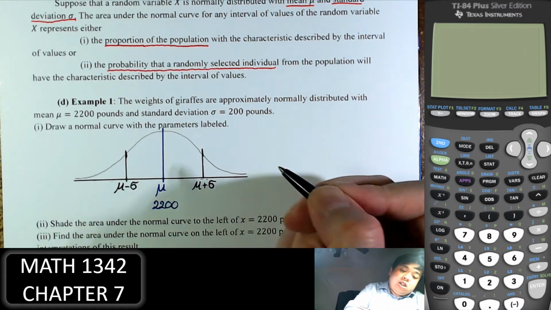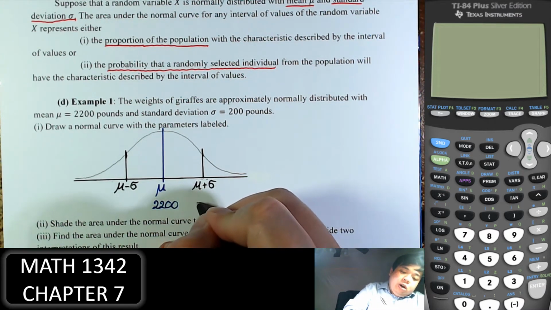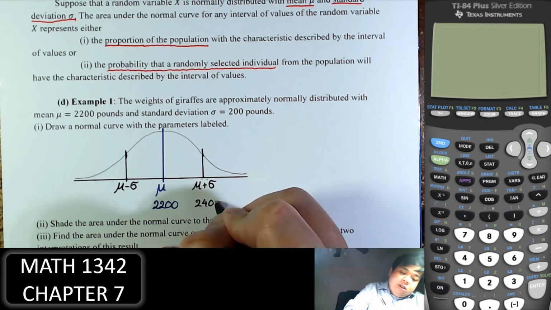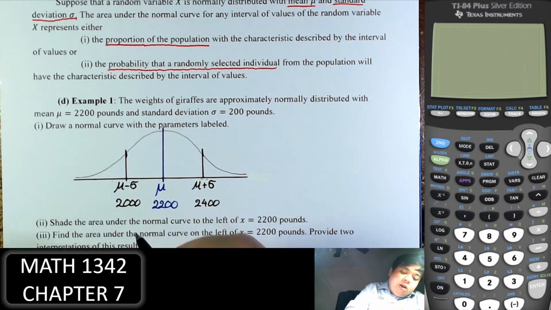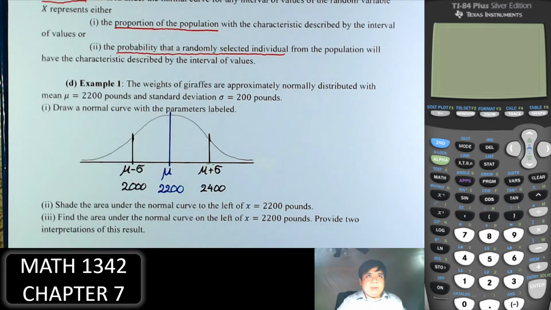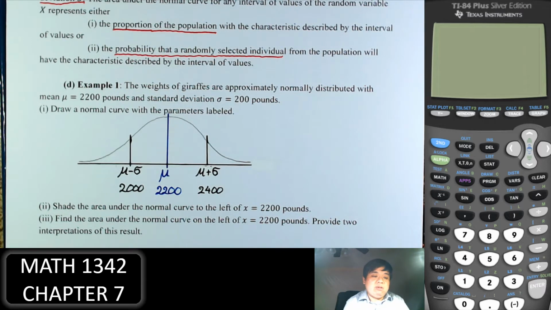Plus 200 is 2,400 pounds and 2,100 pounds. Right, so we have the shape of the normal curve with the mean and standard deviation of 200.